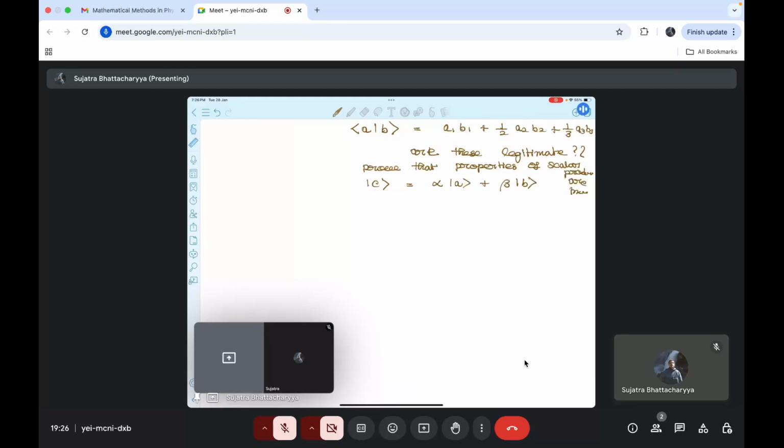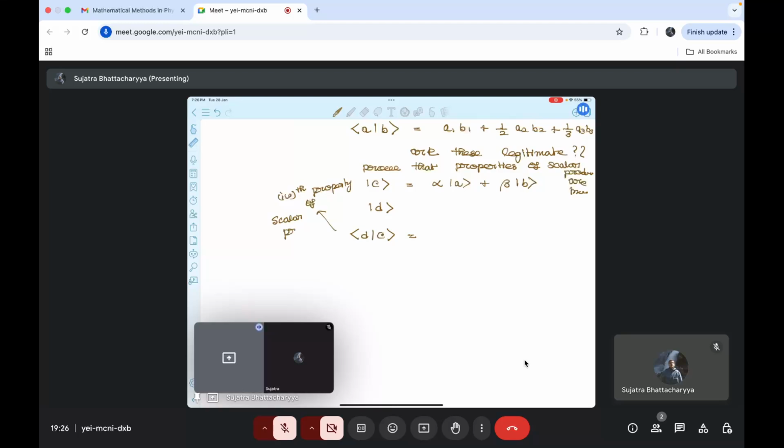This is how we are approaching the problem. For the distributive property, there is another vector D. Now if I do the scalar product of D with C, this is the fourth property of scalar products.